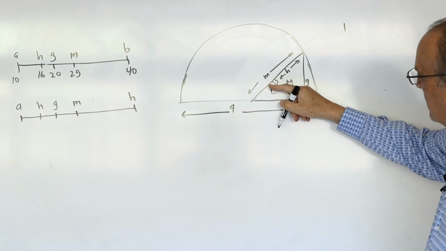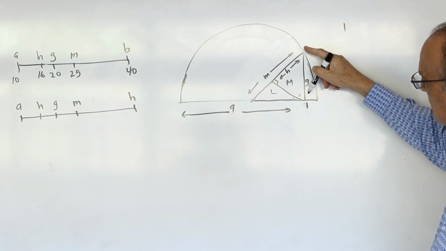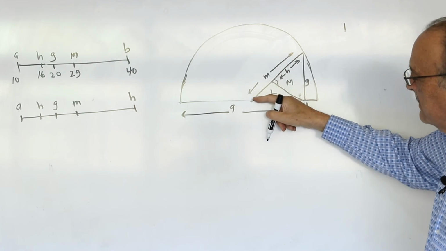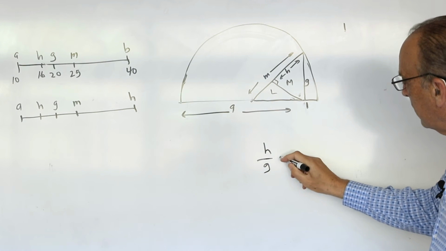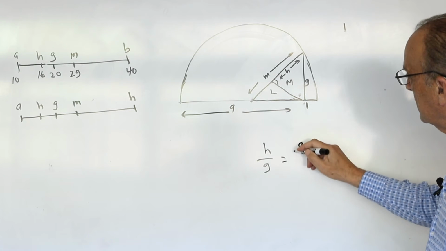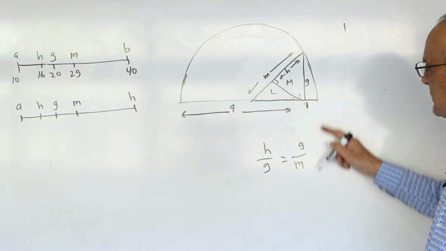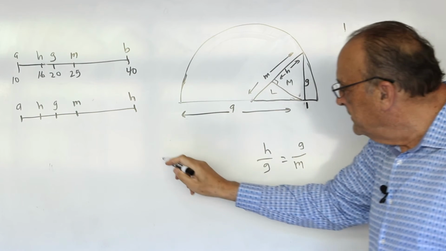So we have long leg of Mo is the hypotenuse of Mo, as long leg of Curly Joe is the hypotenuse of Curly Joe. So H is to G as G is to M. But before doing that, we actually should have found the value of G. So 1 is to G as G is to 9.